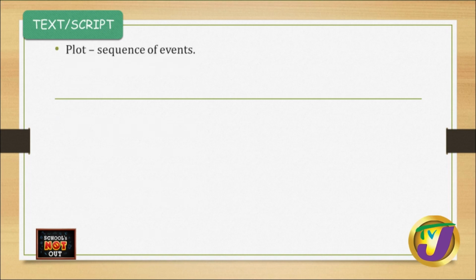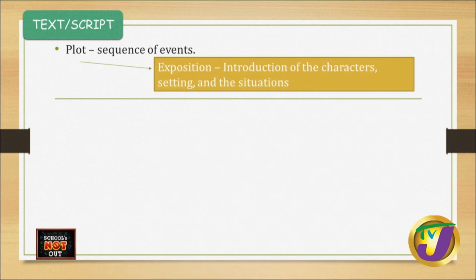Now, in the text, we have the plot, the sequence of events, and we call the sequence of events what? I see you were paying attention, the plot. And so under the plot, we have the exposition. What is the exposition again? Yes, it's the introduction of the characters, the setting, and the situation.